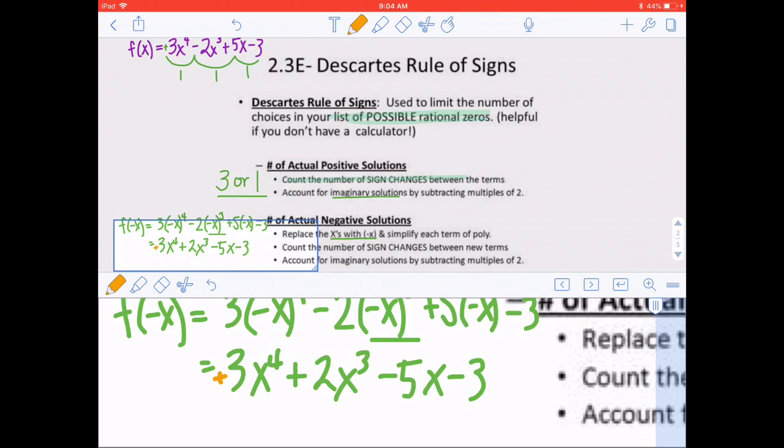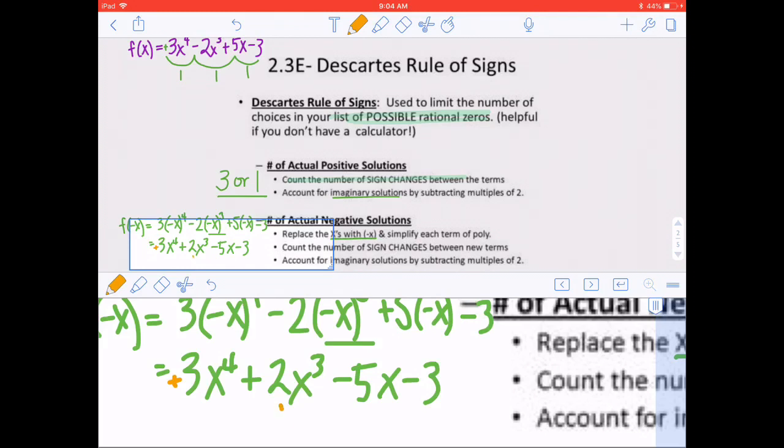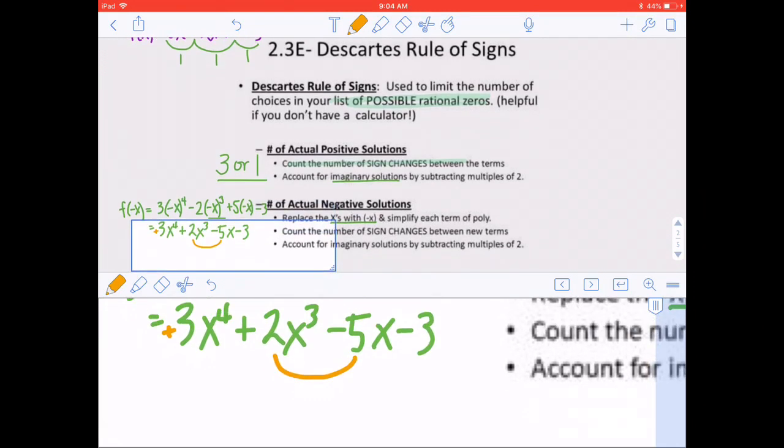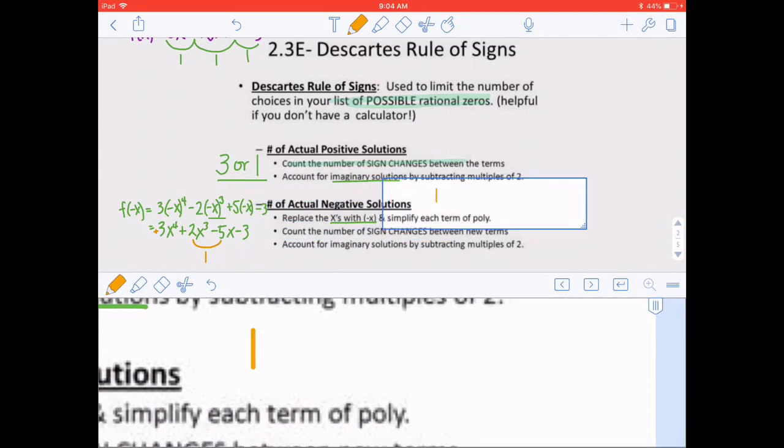Now that we've simplified, we're going to count our sign changes again. So this is a positive here, and that goes from positive to positive, so that's not a change. And then we go from positive to negative, and that's 1 change there. And then it goes from negative to another negative there, which means that there's only been 1 sign change. So therefore, we're only going to have 1 negative solution in this case.